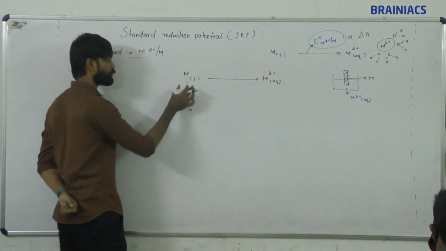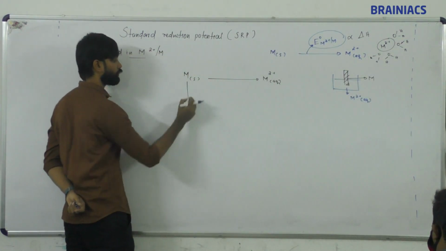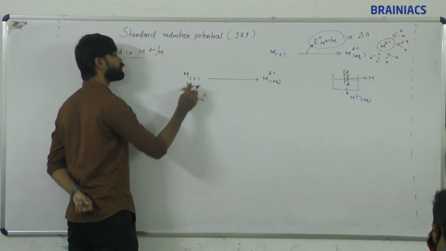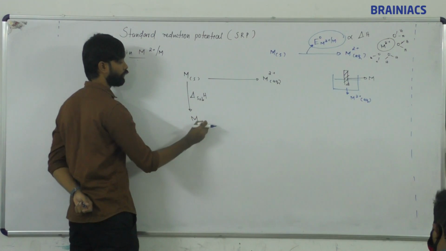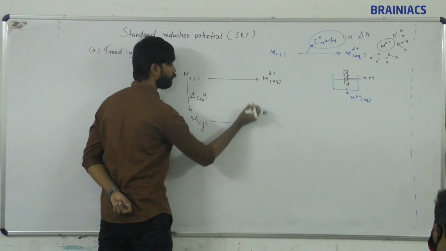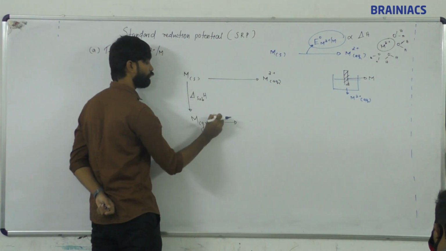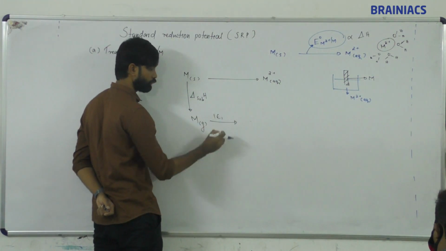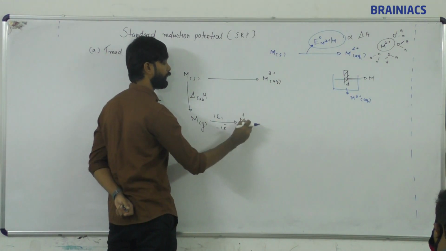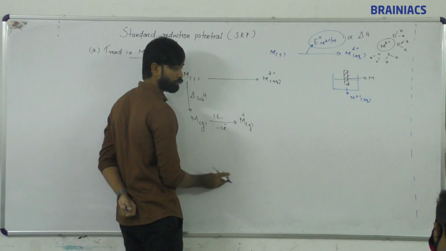So starting from M, first of all it absorbs some kind of energy to turn to a gaseous state, what we call sublimation energy, followed by the first ionization energy, the removal of the first electron, to become M+ gaseous.